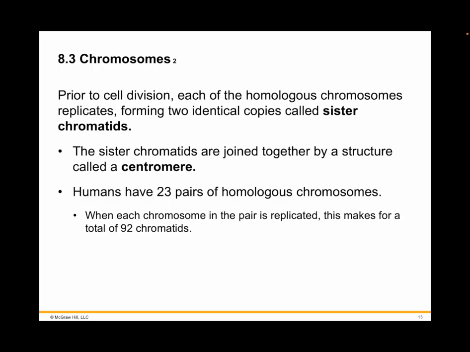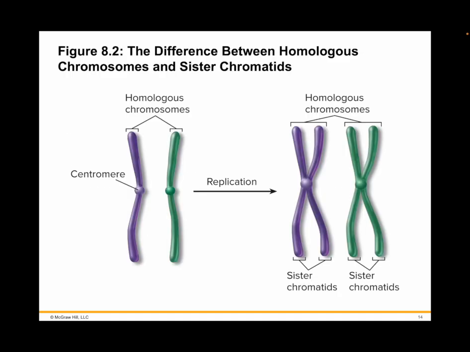Chromatids: before cell division, each homologous chromosome replicates, resulting in 2 identical copies called sister chromatids, as shown here to the right. The sister chromatids remain joined together after replication at a special linkage site called the centromere, the knob-like structure typically observed near the middle of each chromosome.